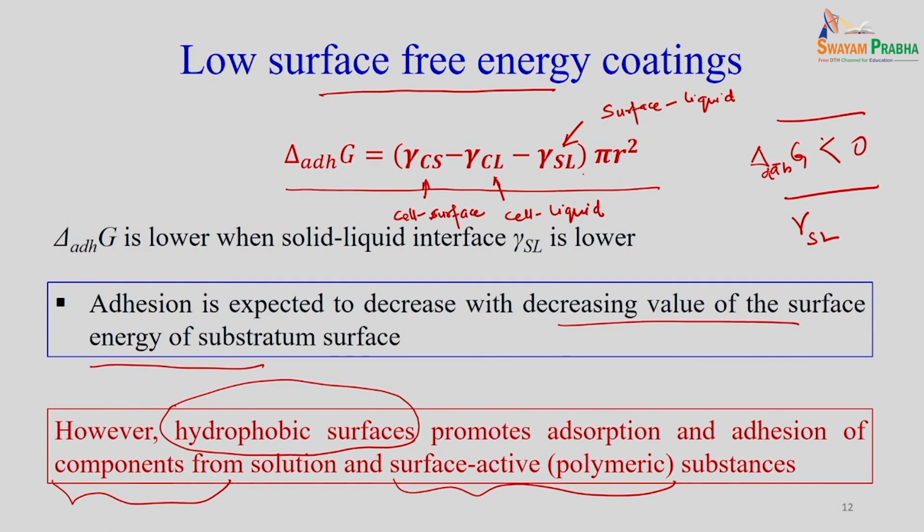But theoretically, if you can lower the solid-liquid interfacial tension, then we are going to decrease the spreading, and in that way we can inhibit or minimize the bacterial adhesion.